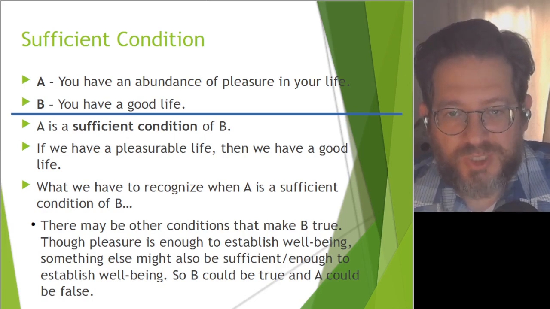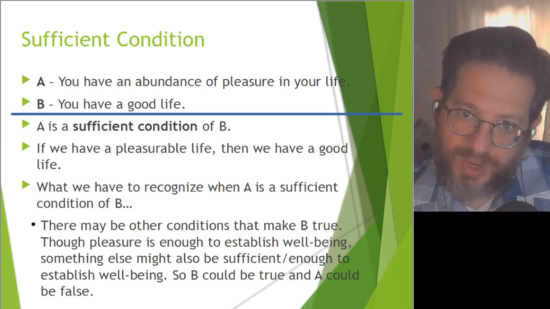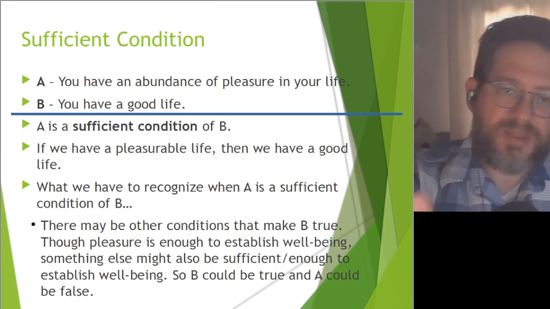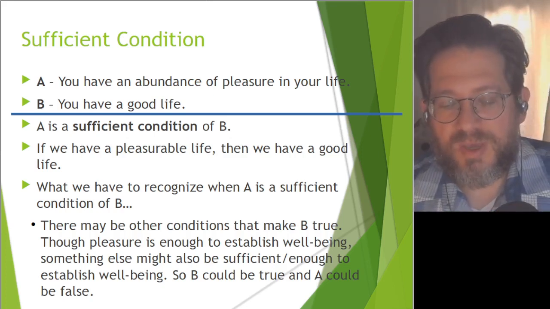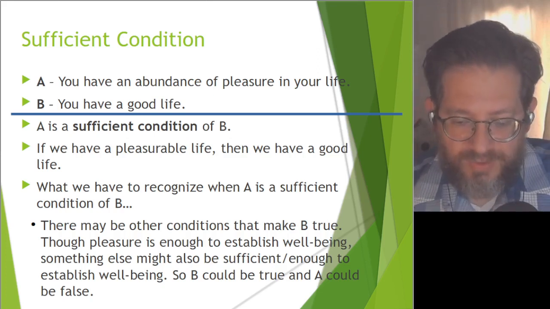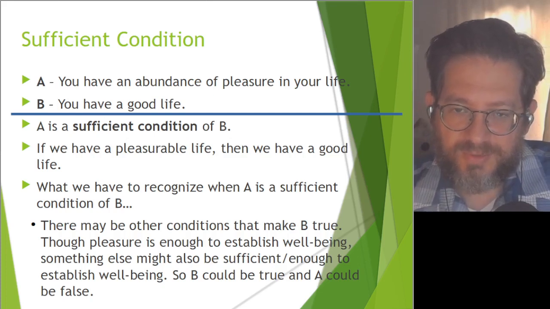So when you have a sufficient condition, it's one way to get there. One way to get to a good life, to have well-being, is through pleasure. But it's not claiming that it's the only way. And there may be other ways, like accomplishments, like doing a lot in your life. Even though you don't have pleasure, you did a lot, you can say, I have a good life. And that I have well-being.